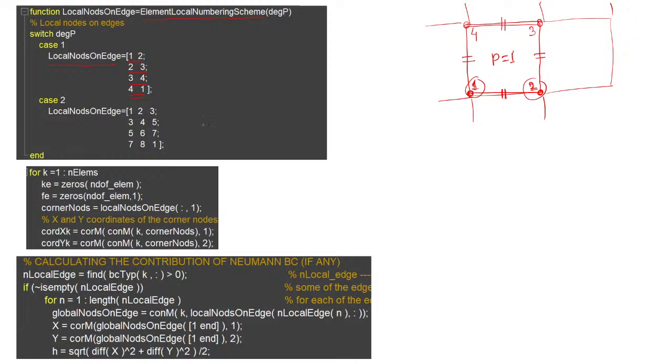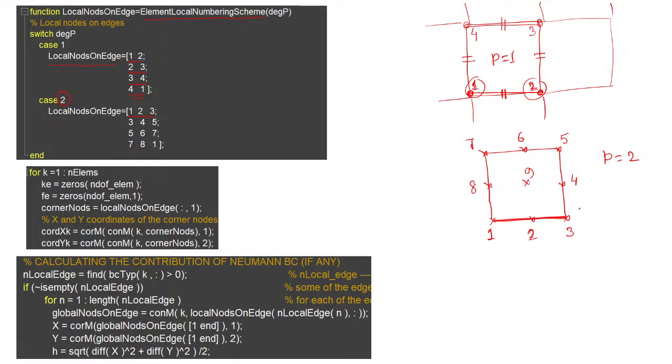Alright, now if you move to degree p equal to 2, let me just show you. For a Lagrange element with p equal to 2, you have 9 nodes, and the numbering is 1, 2, 3, 4, 5, 6, 7, 8 and 9. Now if I note down the numbers edge wise, in edge 1 the nodes are 1, 2 and 3, which is in the first row.